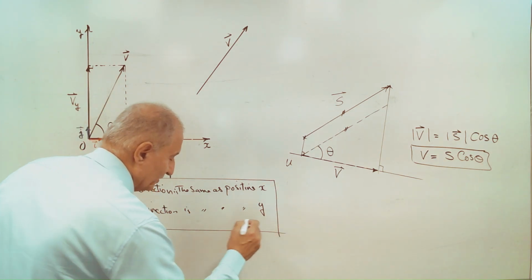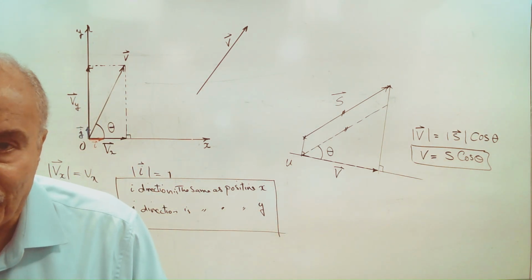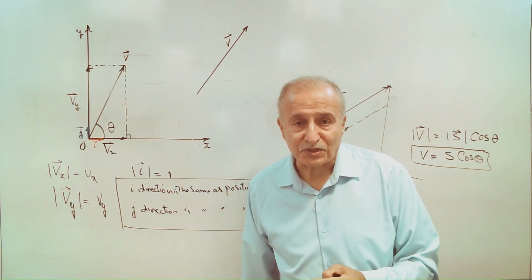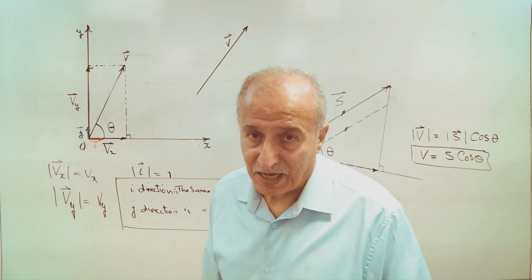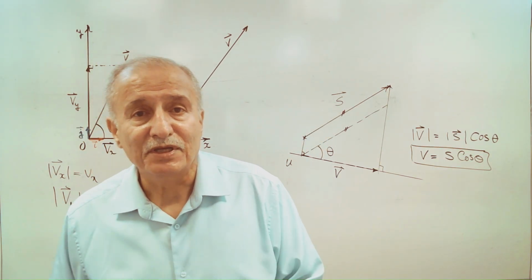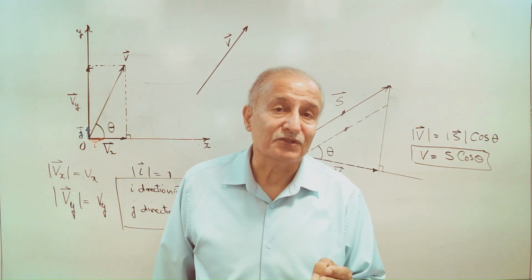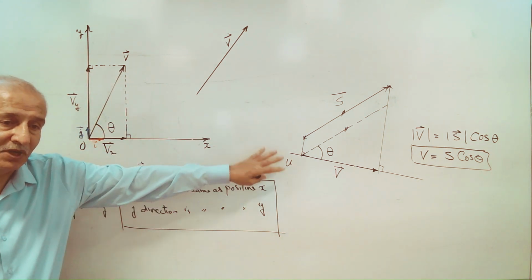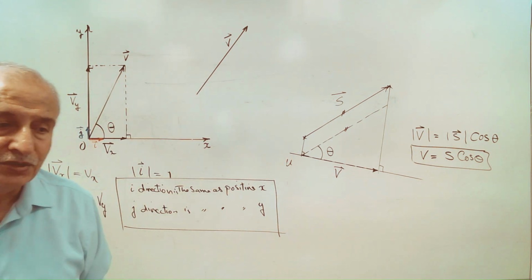Later, when we consider the three-dimensional orthogonal frame, we have another unit vector which is called k, in the positive direction of axis z. But because everything is in one plane, we just consider 2D, two-dimensional.